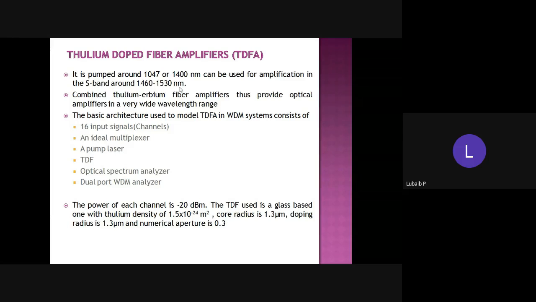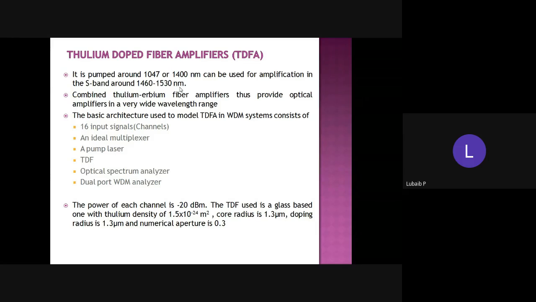The basic architecture used to model the TDFA, or thulium doped fiber amplifier, in the WDM, wavelength division multiplexing, system consists of the following. WDM we will discuss in detail in the next module.